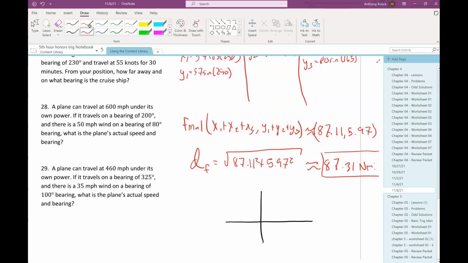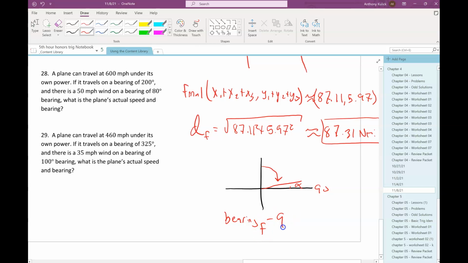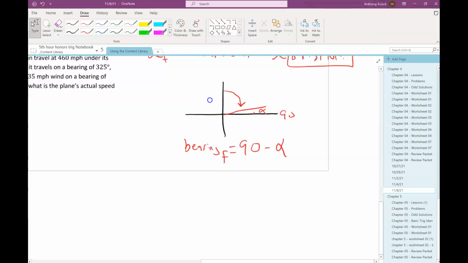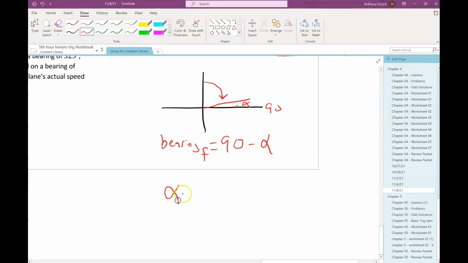So if I plot that, we're going 87 over and 5 up. So that's our bearing. So my bearing there is going to be 90 minus alpha, where alpha is going to be the tan inverse of the absolute value of the y final divided by the x final.